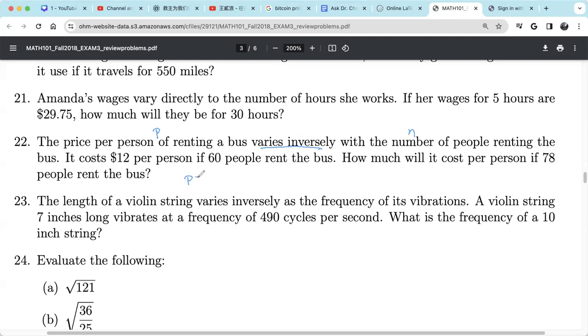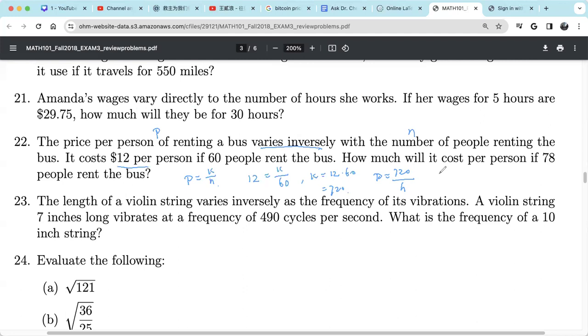That means P equals K divided by N. If the price is $12 per person, then the number of people is 60. So K equals 12 multiplied by 60, which is 720. So P equals 720 divided by N.